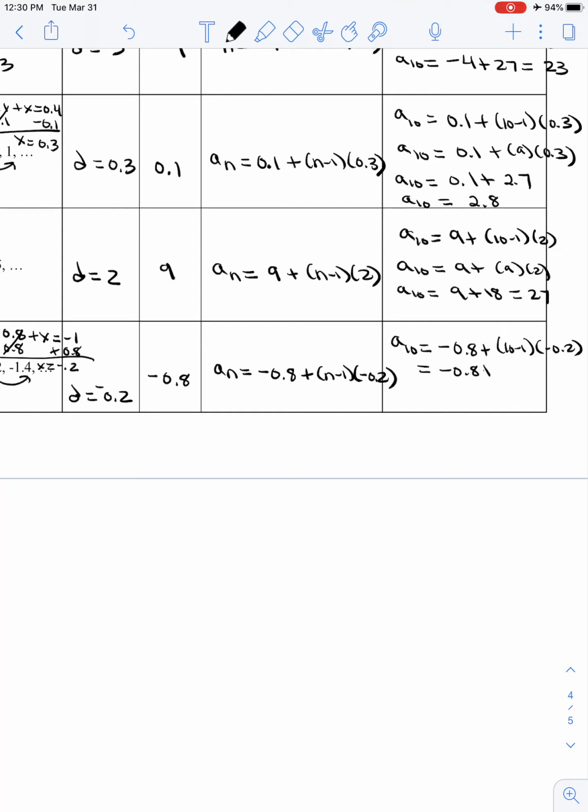So I have -0.8 plus 9 times -0.2. So if you want, you can go to your calculator for this one, or you would know this is -1.8. And now I'm going to add -0.8 and -1.8. And I'm going to get -2.6.